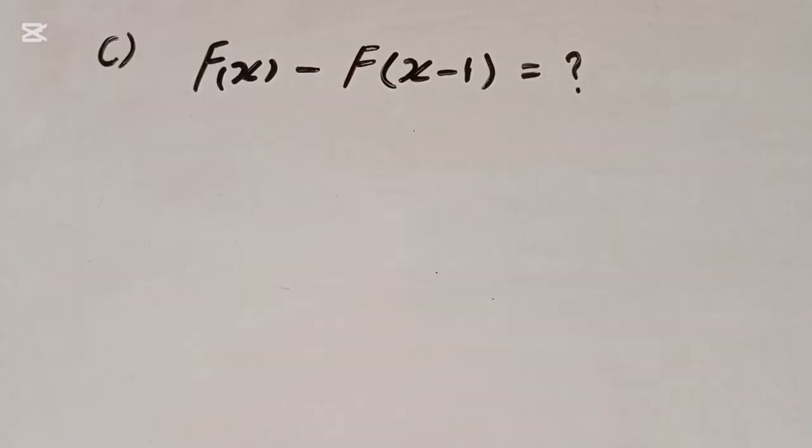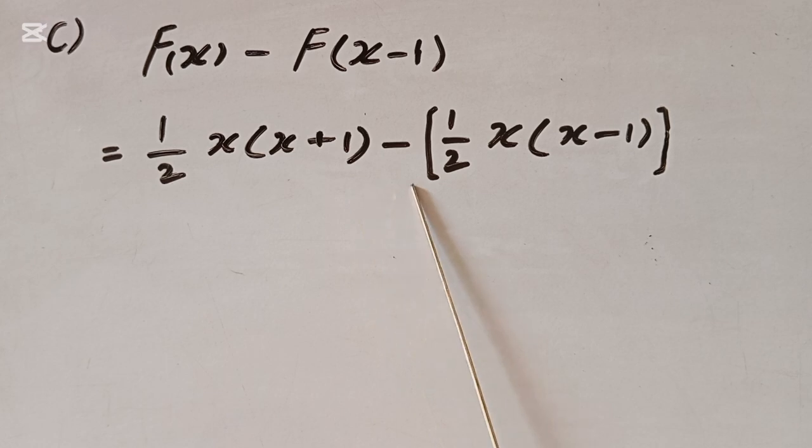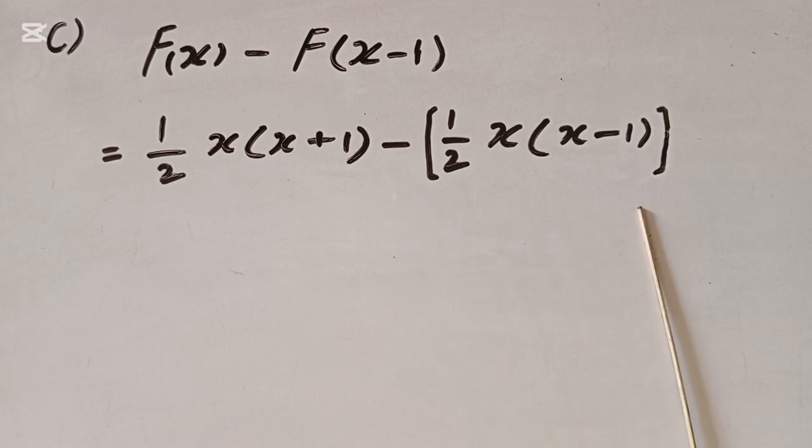by 2. In this part, we have to find out f(x) minus f(x minus 1). Now putting the values, it is the value of f(x), and this is the value of f(x minus 1).